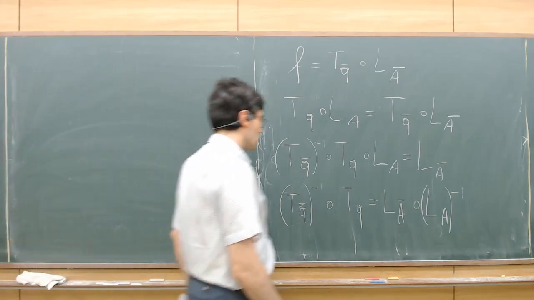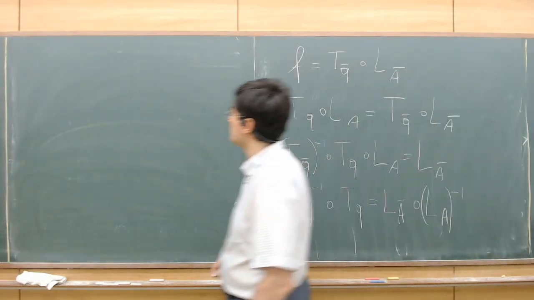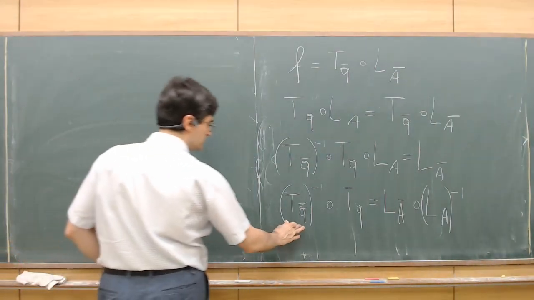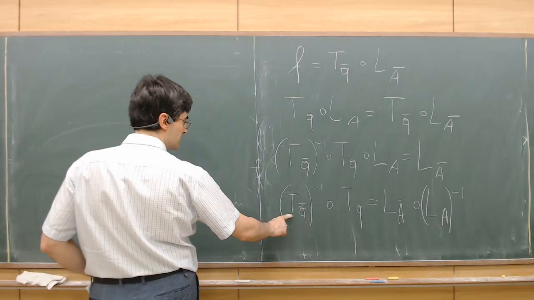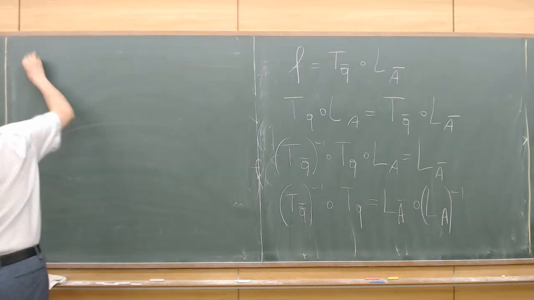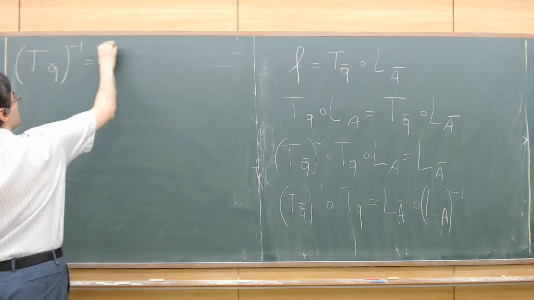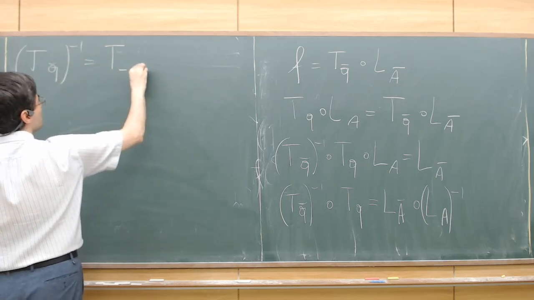Okay, so on the left we have a translation. In fact, TQ bar inverse is T minus Q bar.